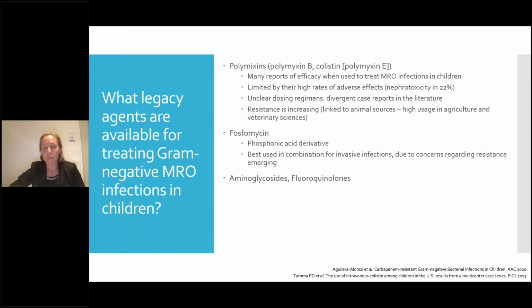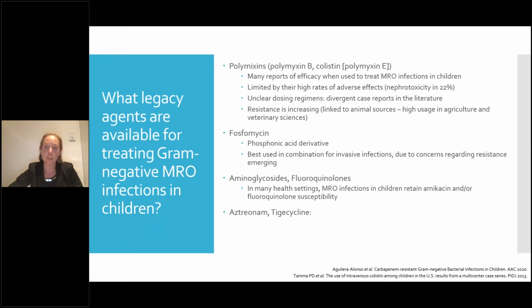Then there are some classes of antimicrobials such as aminoglycosides and fluoroquinolones, which still remain quite useful. So we know in many health settings, particularly higher income health settings, we still do often see susceptibility to amikacin or gentamicin that provides those agents as treatment options for children, but that's not necessarily the case in many low income country settings.